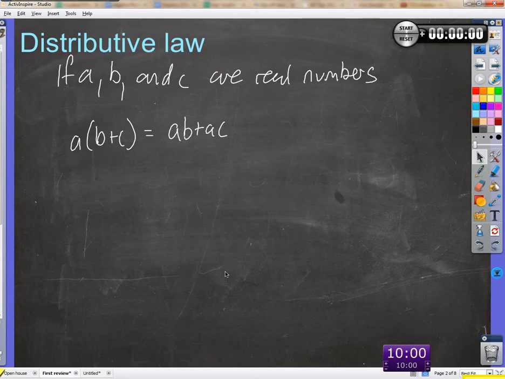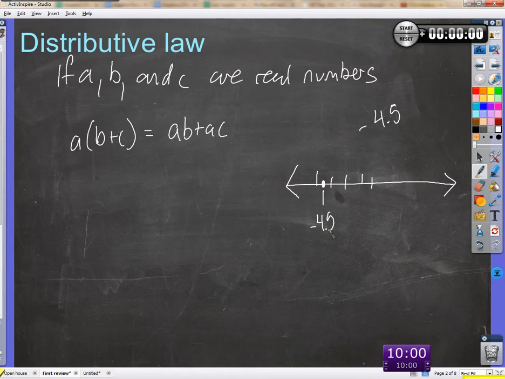And I think up to this point, most of you did pretty well on those topics, so we won't spend a ton of time. But one thing: when you went to graph numbers on a number line, if we were going to graph negative 4.5, just make sure, if there are marks here and you put a mark right there and just call it negative 4.5, does that work?